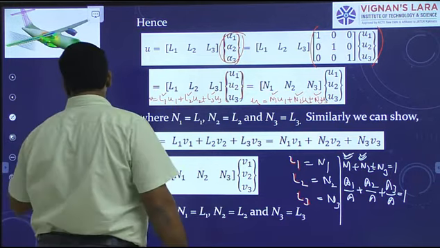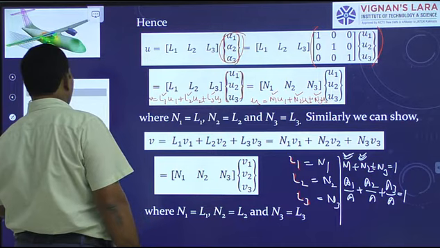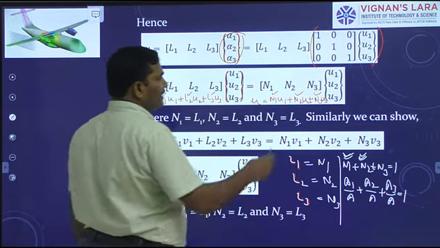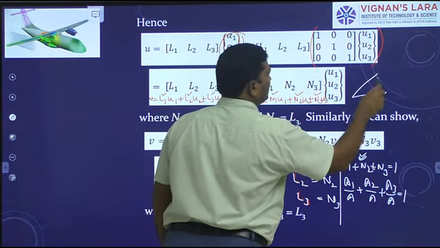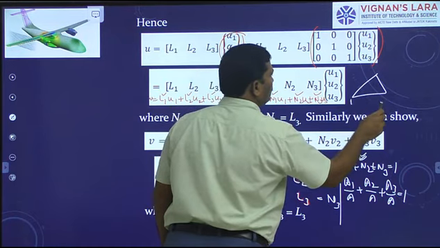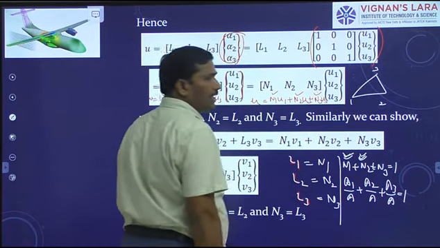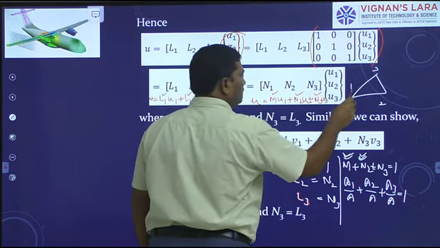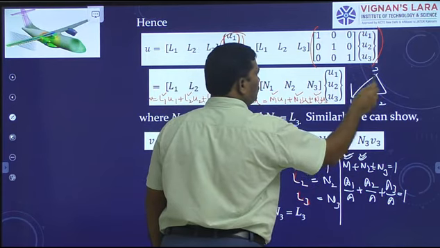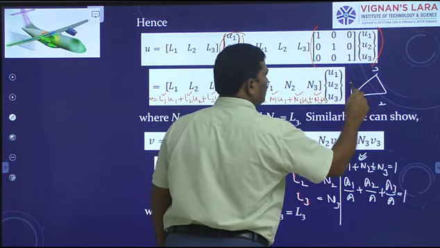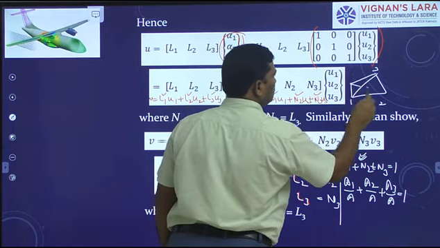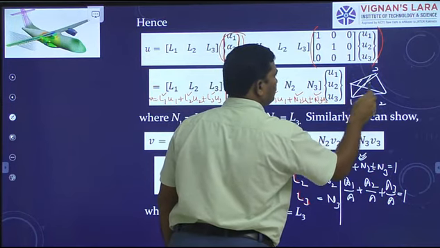Let us see. If I take a CST element like this, with nodes 1, 2 and 3, N1 is unity at node 1 and it is 0 at node 2 and 0 at node 3. Therefore, if you join, you get like this.